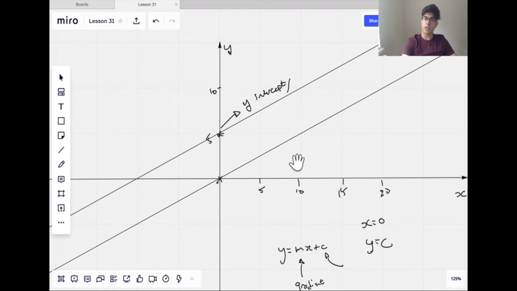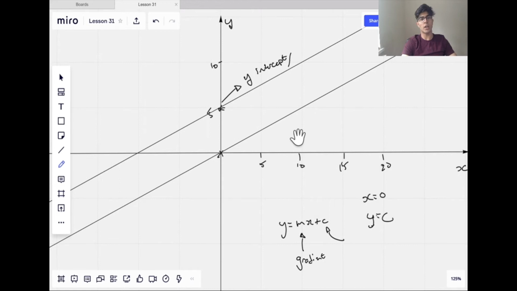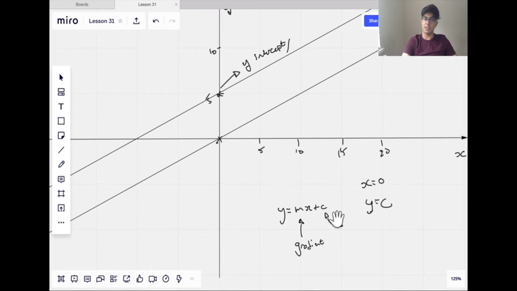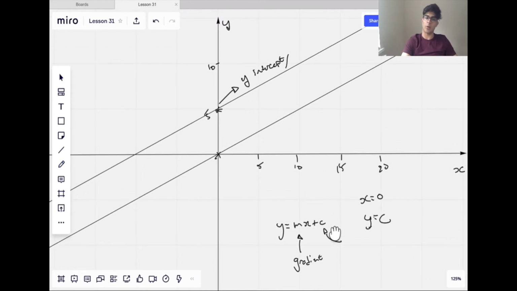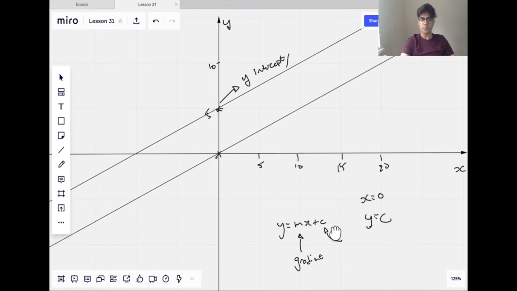And that's the way we choose to represent by how much the line has gone up or gone down. It's a bit easier to use this plus c, because it just makes writing our equation easier: when x is 0, this is what y is, so this is what this number up here is. And that's all there is to what c is. It's a bit easier, I guess, to wrap your head around than what the gradient is.